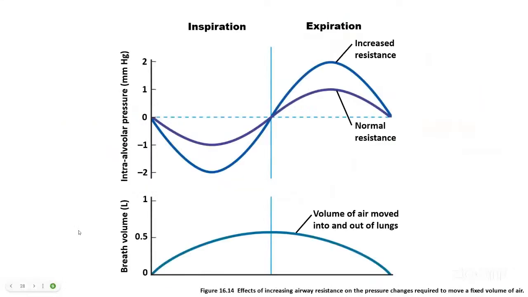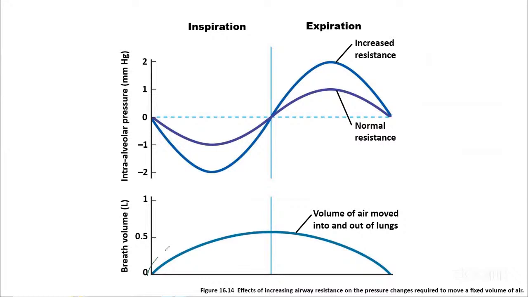So here you can see this in graph form. This is showing us what it would take to create a specific amount of breath. So this is just the volume of air moving in and out of the lungs. That's not changing for these two lines. We can see our normal line for alveolar pressures. So this is our alveolar pressure inside the lung.